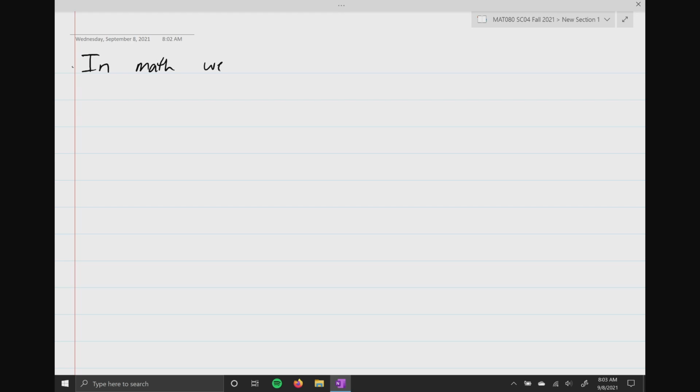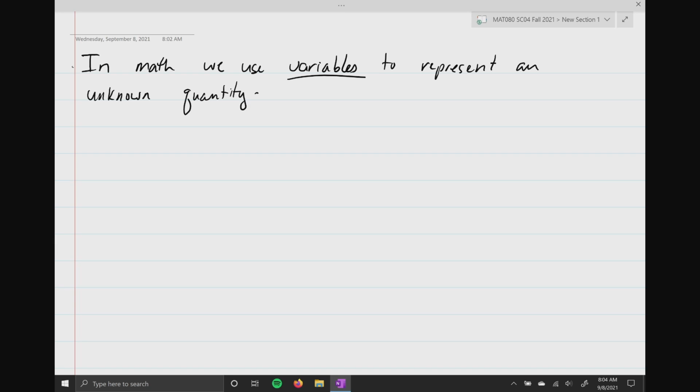So in math, we use variables to represent some unknown quantity. Okay, it's something we don't know.